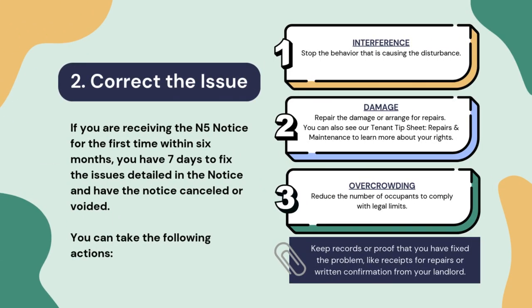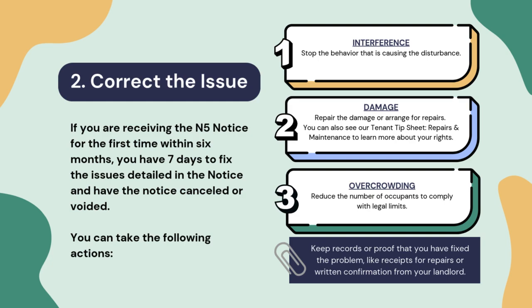2. Correct the issue. If you are receiving the N5 notice for the first time within 6 months, you have 7 days to fix the issues detailed in the notice and have the notice cancelled or voided. You can take the following actions. For interference, stop the behavior that is causing the disturbance.